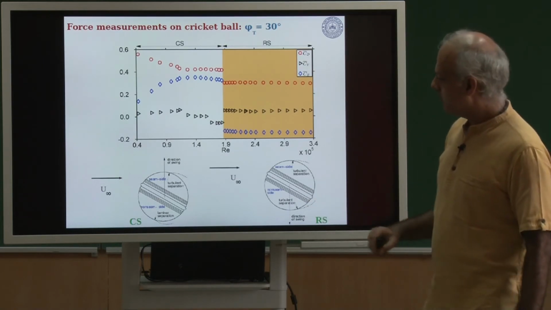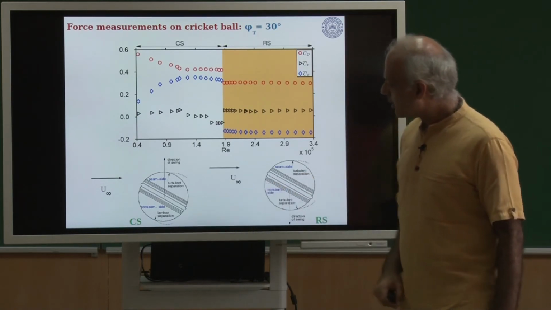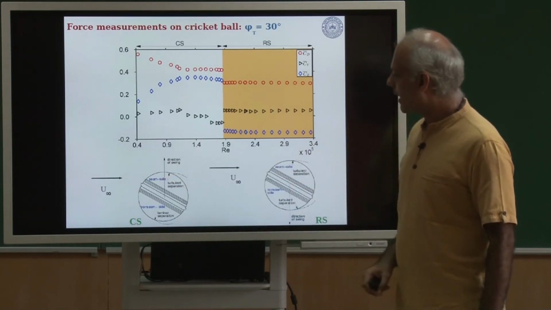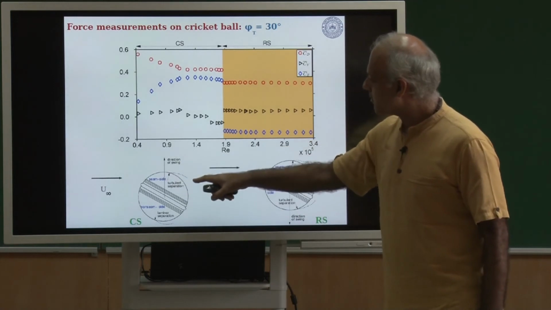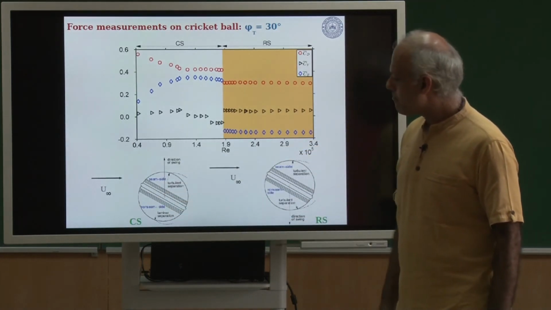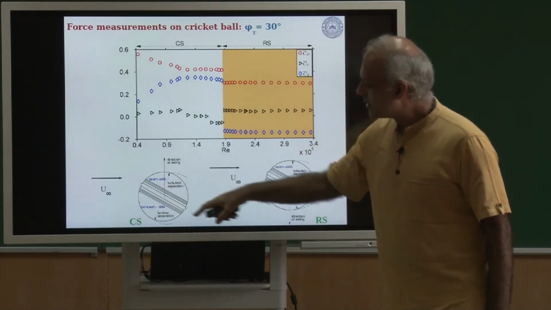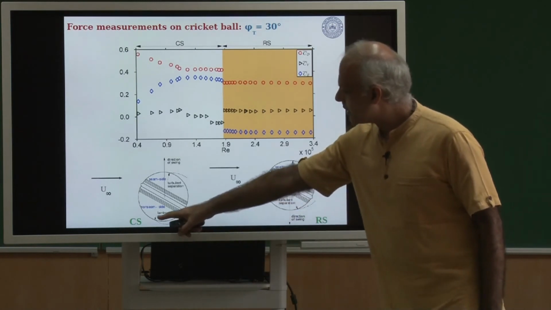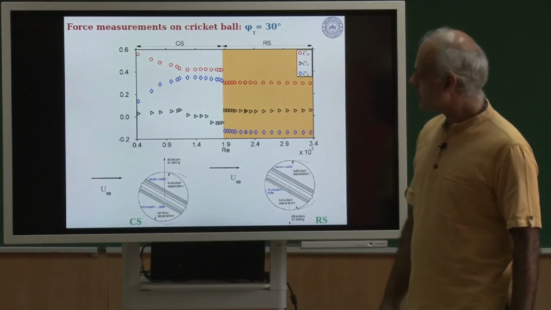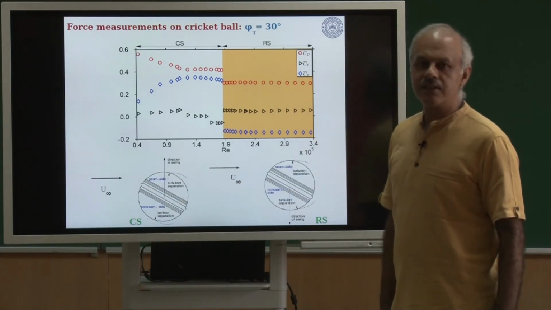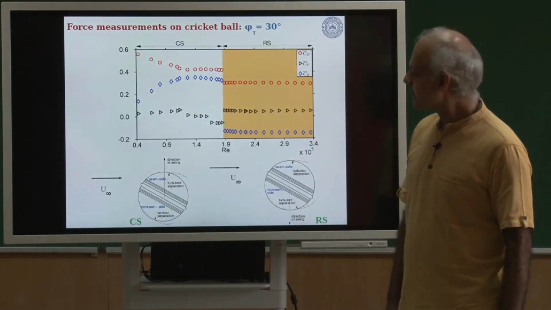Schematically, this is the picture for the conventional swing. So the flow is going from left to right. We will call this upper surface the seam side, the lower surface the non-seam side. On the lower surface, the boundary layer is laminar, so you get a laminar separation close to the shoulder. On the upper surface, because the flow goes over the seam, the boundary layer becomes turbulent early.